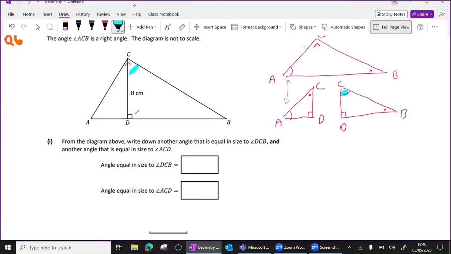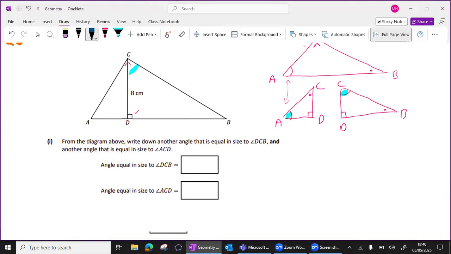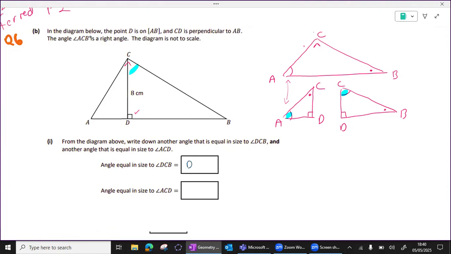So an angle that would be the same would be, well, this other one, because they both have those arcs. So DCB is the same as the measure of the angle DAC. You could also say CAB, as long as it's the angle at A.